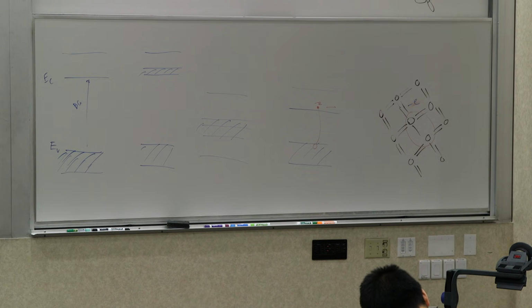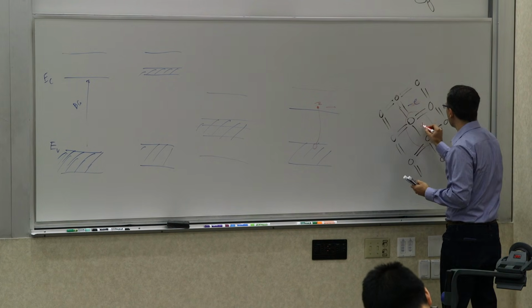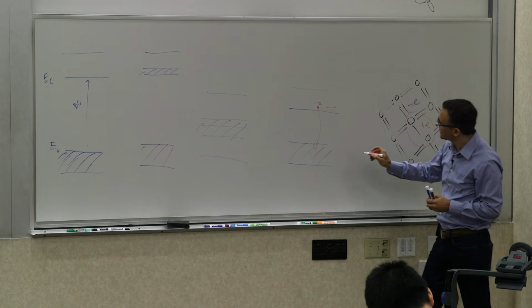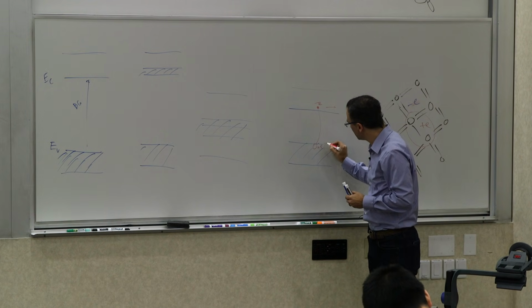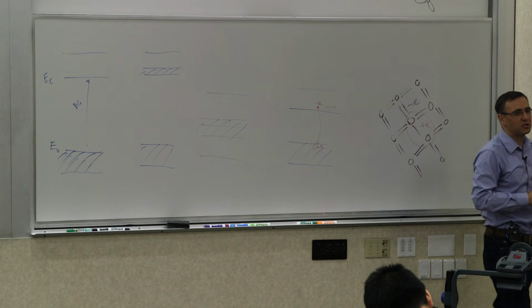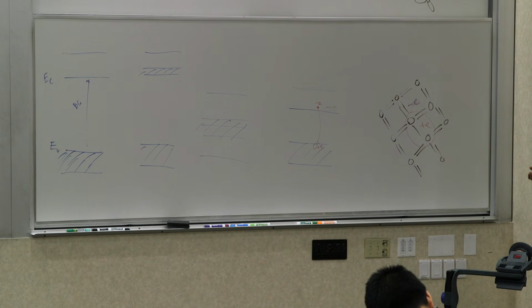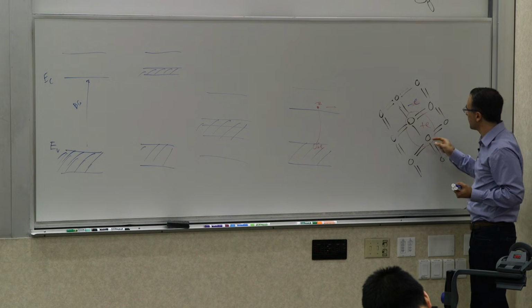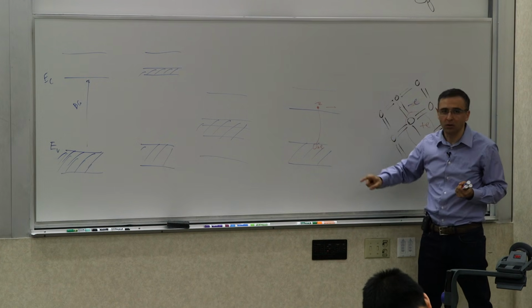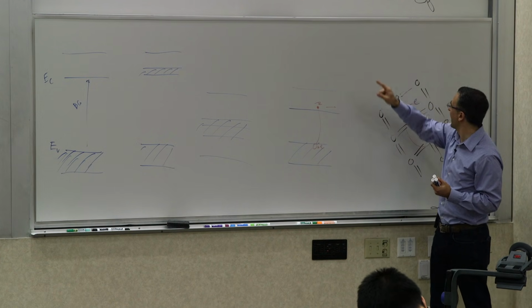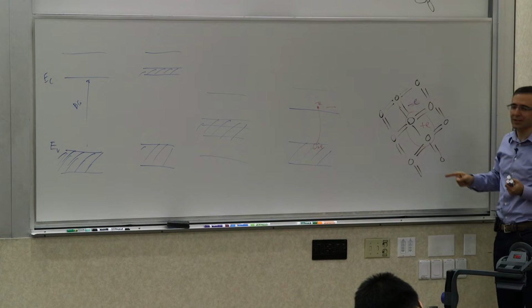No, it's positively charged, right? So this whole area has a positive charge, represented by this empty space, which is what we call a hole. We have created a pair of electron and hole. This electron can move around, and the same way, this hole can also move around.